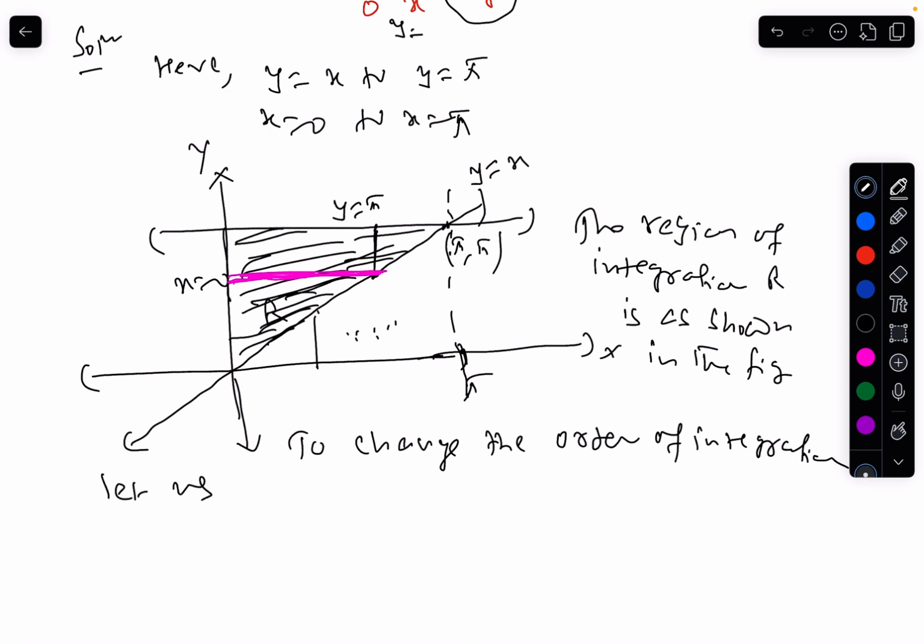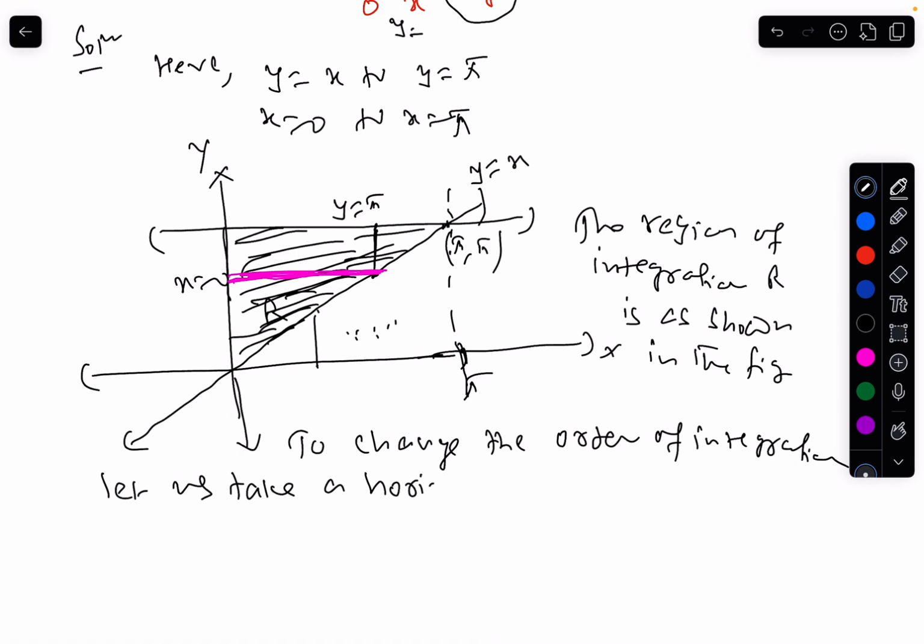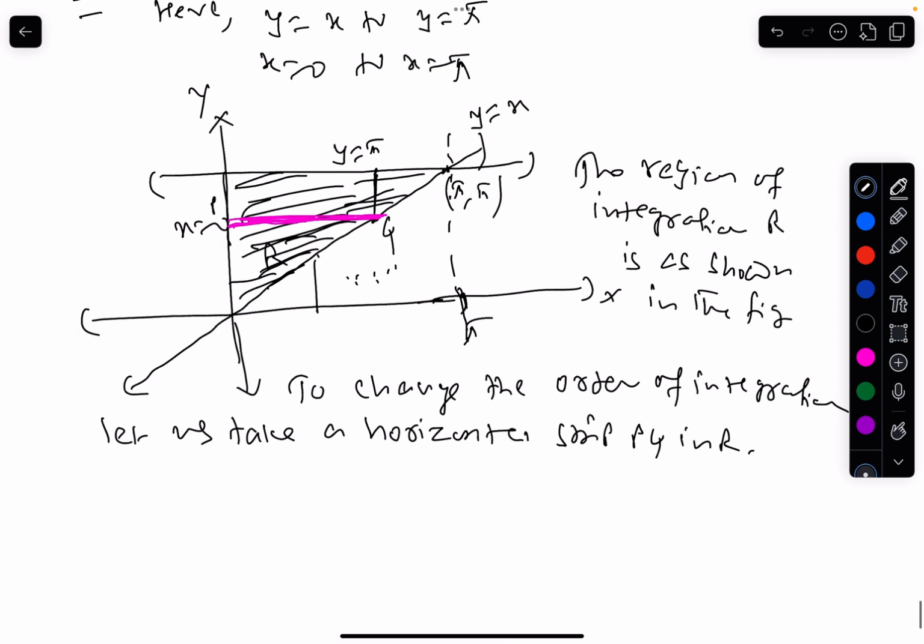Let us take a horizontal strip, say PQ in R. So now we find the limits.